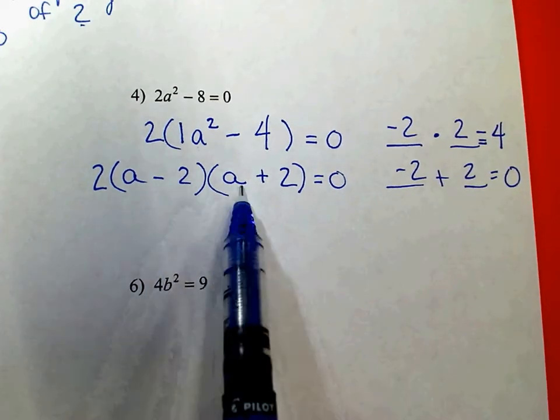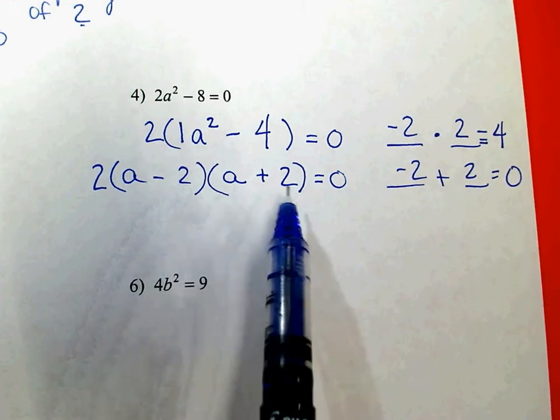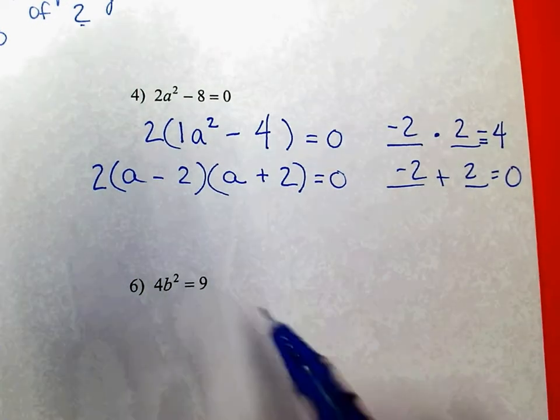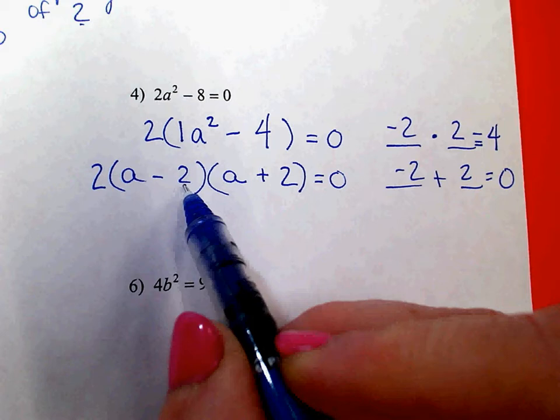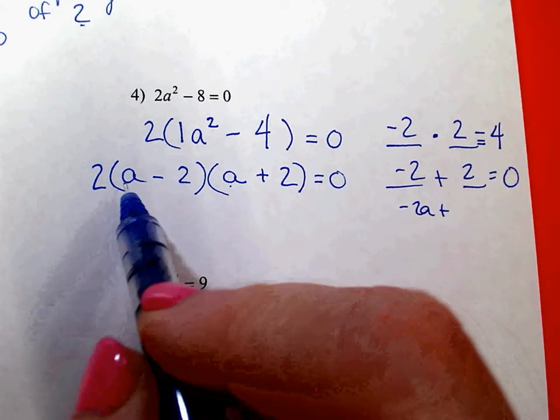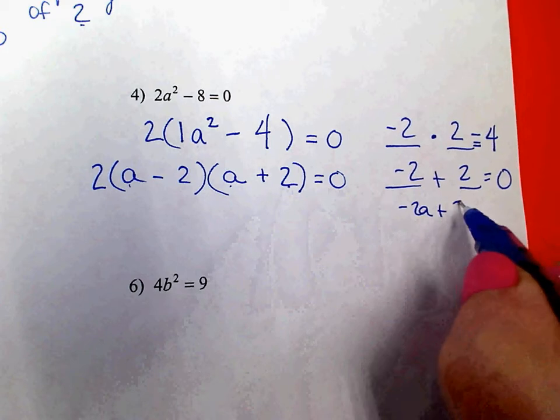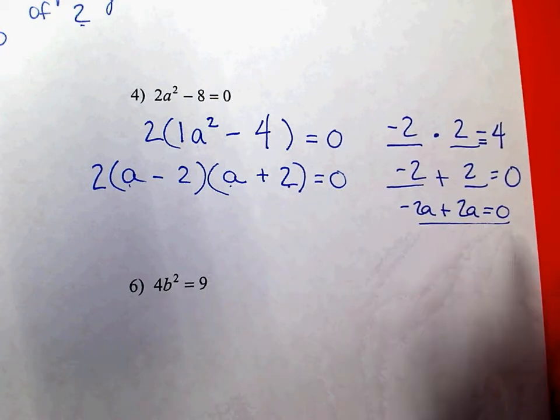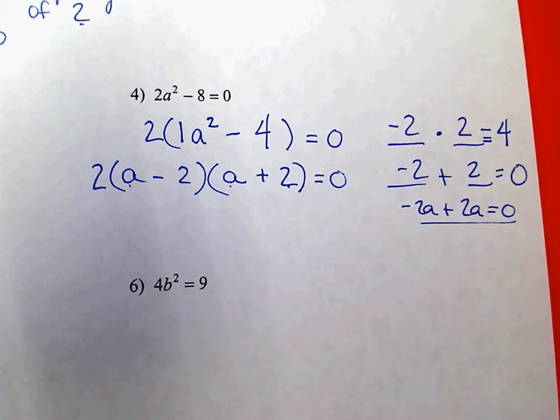A times a makes a squared. Negative 2 times 2 makes negative 4. The middle term of 0 comes from negative 2 times a plus a times positive 2, which is where the 0 comes from. So now I'm just ready to solve and get my answers for a.